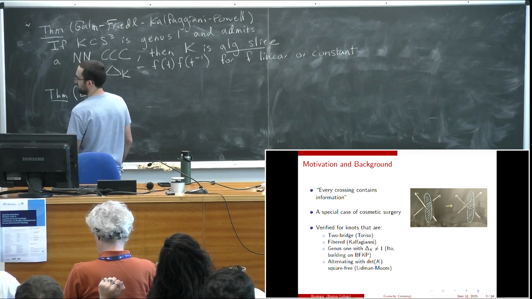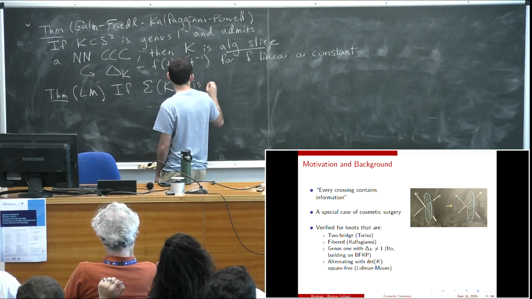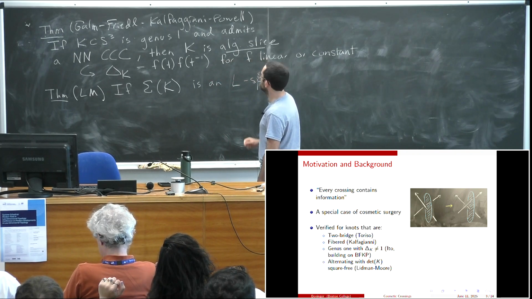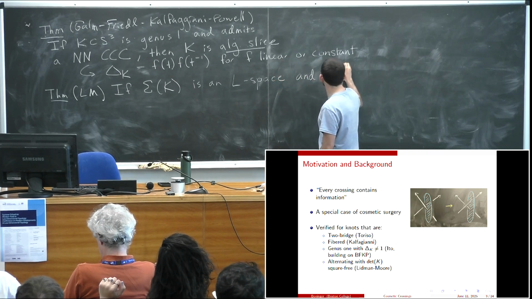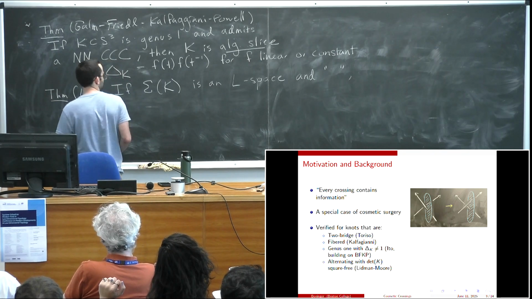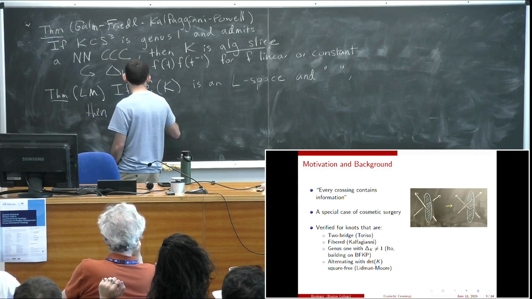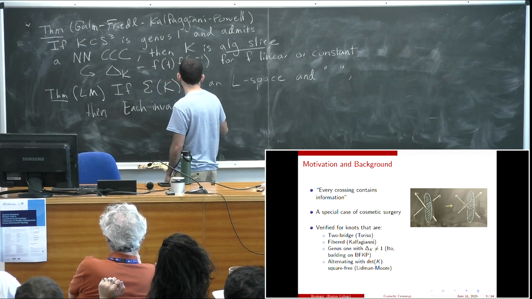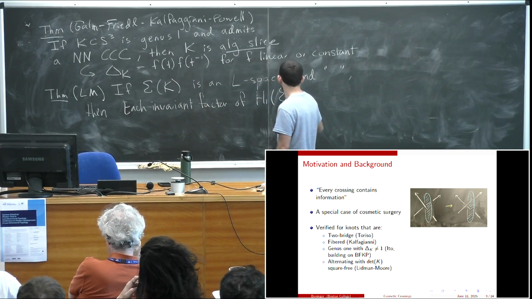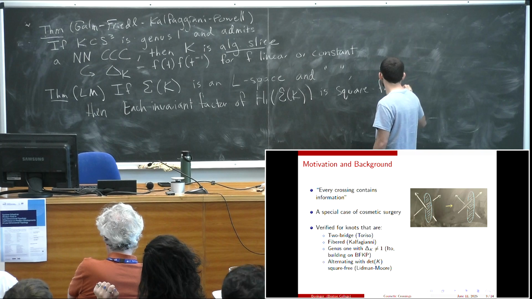So it actually holds if the double-branched cover is an L-space, which I'll mention again later, and K admits a non-nugatory crossing change, then each invariant factor of the first homology of the double-branched cover is square-free.